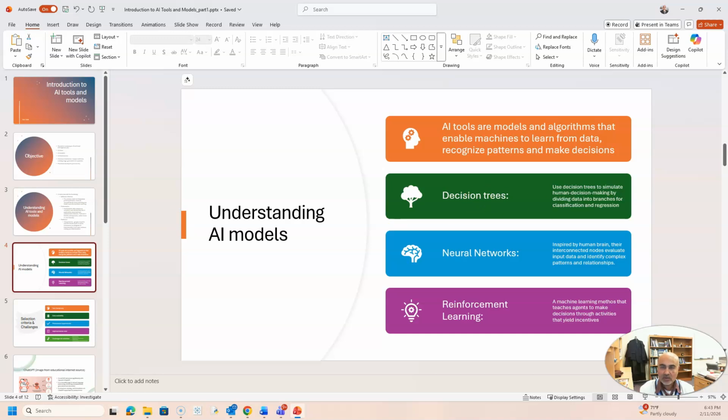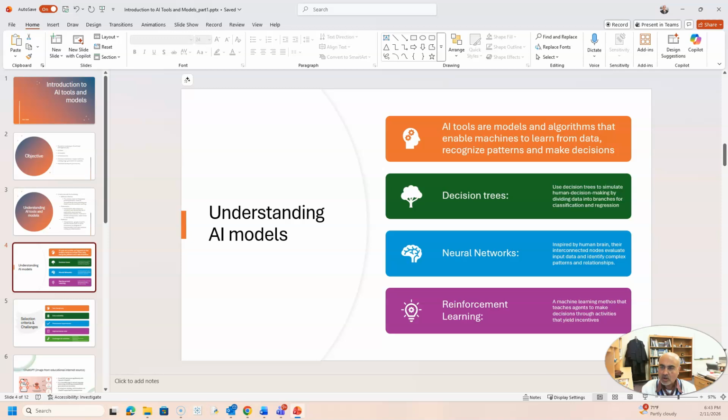When we talk about neural networks, then we are talking about interconnected nodes that can evaluate data and identify complex patterns and relationships.